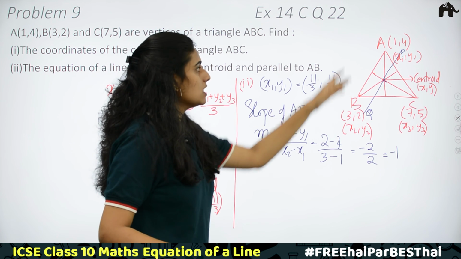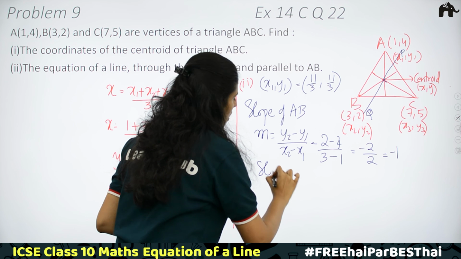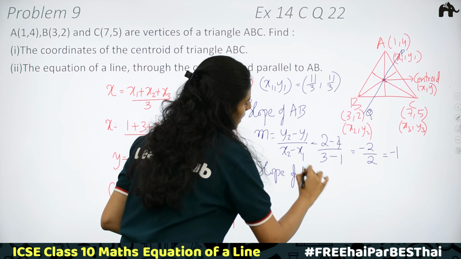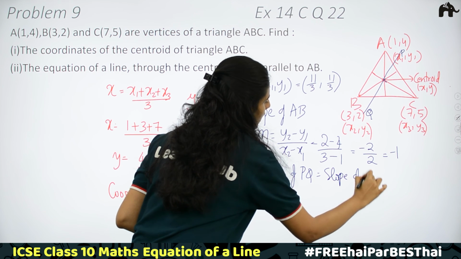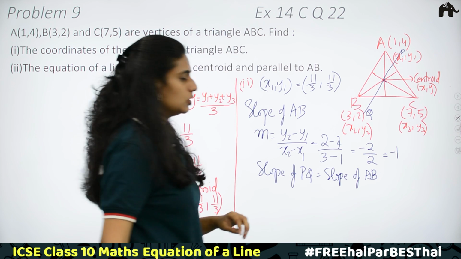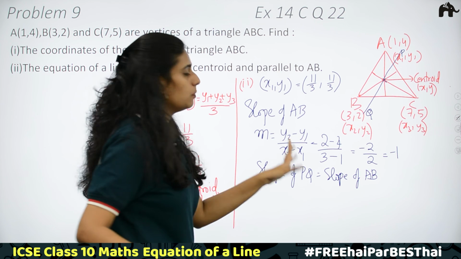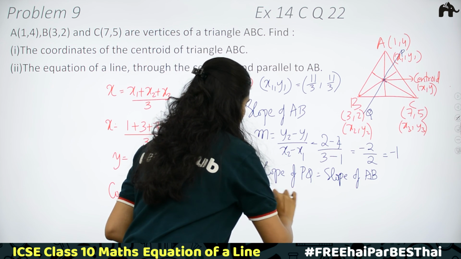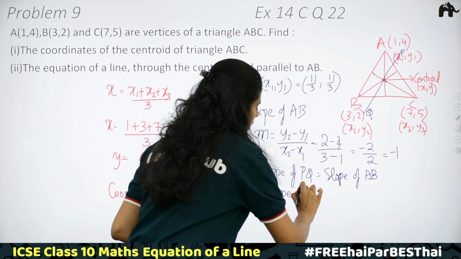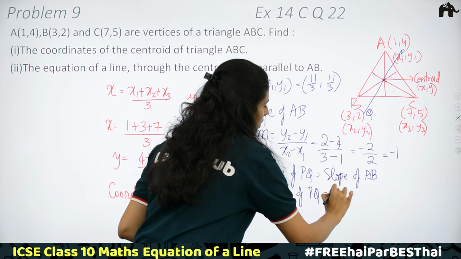Since PQ is parallel to AB, the slope of PQ will be equal to the slope of AB. Therefore, we got the slope of PQ as minus 1.